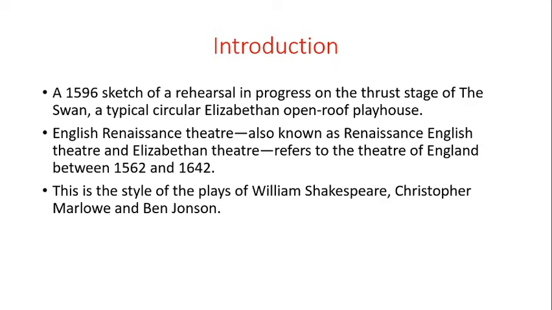I have already told you in the previous lecture that English drama started in the church, in the Easter festival or the Christmas festival, and they were showing it in the open place, and therefore there were open roof playhouses.